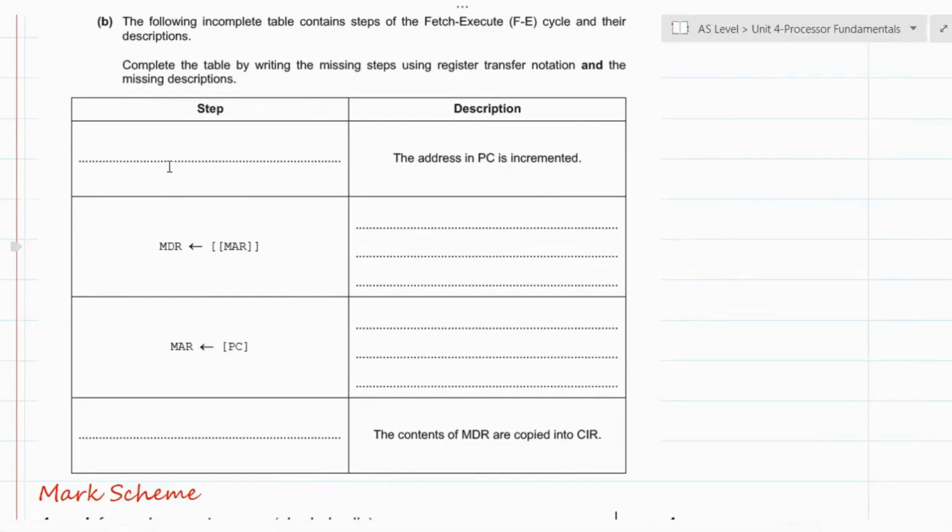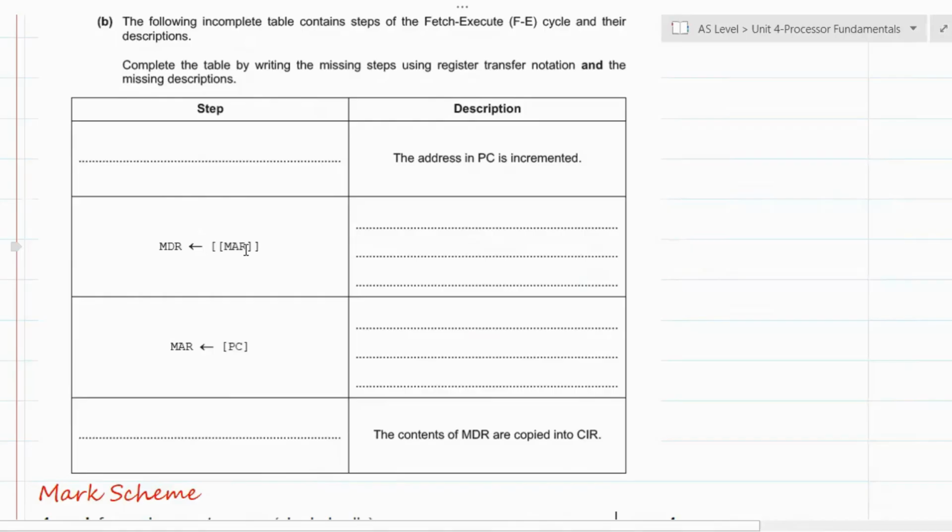So that is PC equals PC plus 1. But remember the single brackets around PC, right? So here you will write that. Here you have to write the meaning of this RTN: MDR getting the contents saved at the memory location specified by MAR.